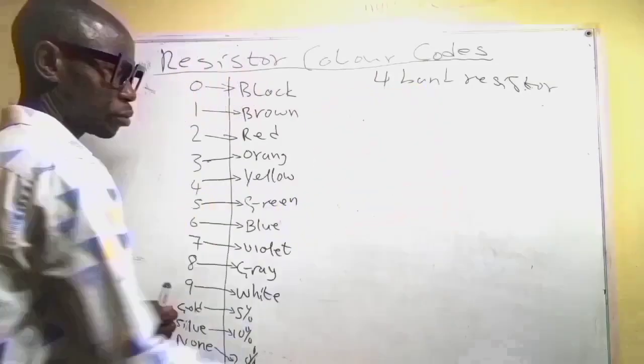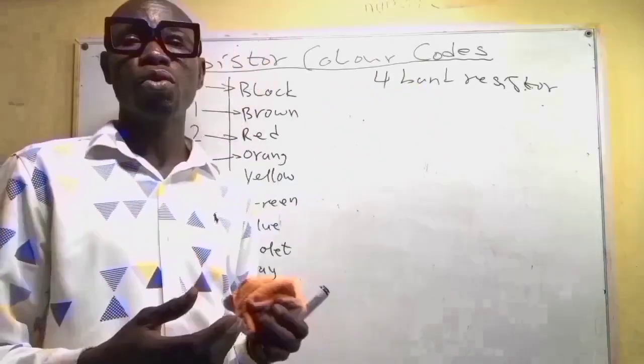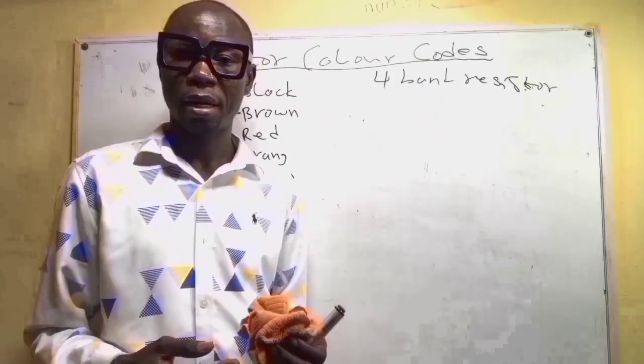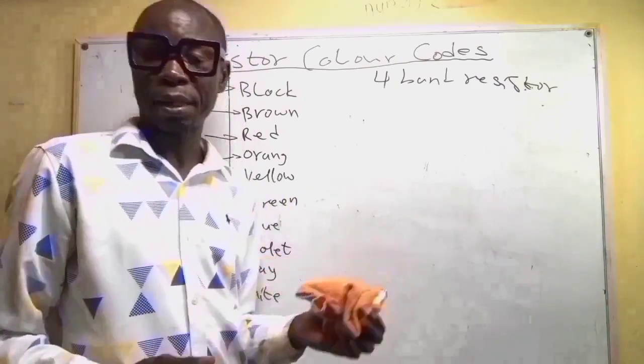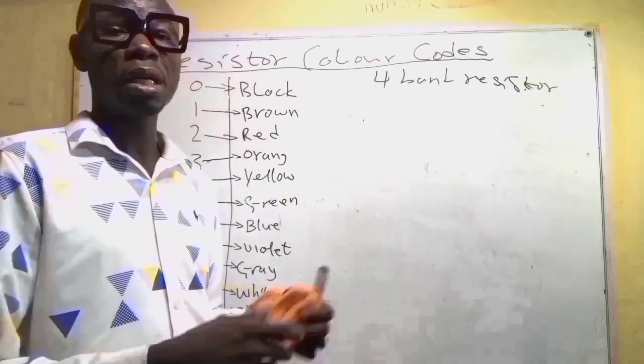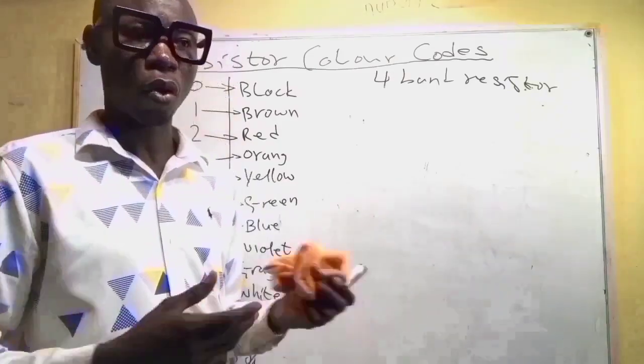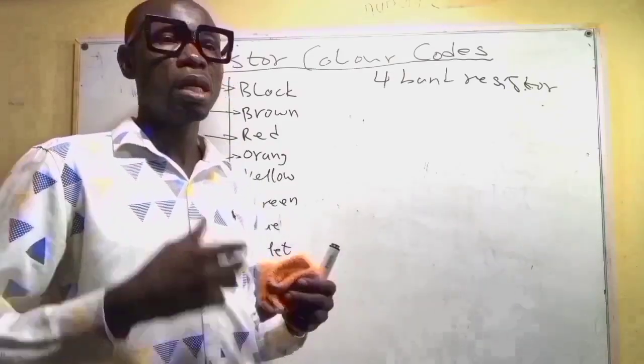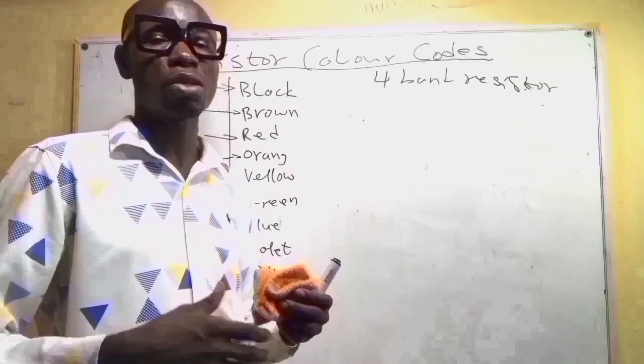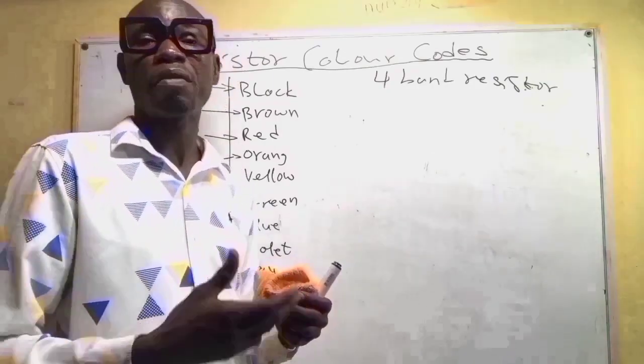We have an instrument that we use to measure the resistance in a resistor, and it is called an ohmmeter. An ohmmeter is used to measure resistance in any conductor or anything through which electric current passes, because it has resistance.